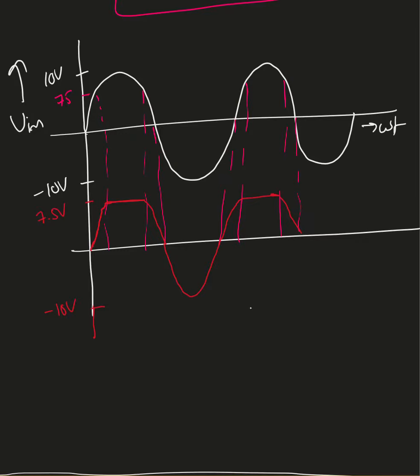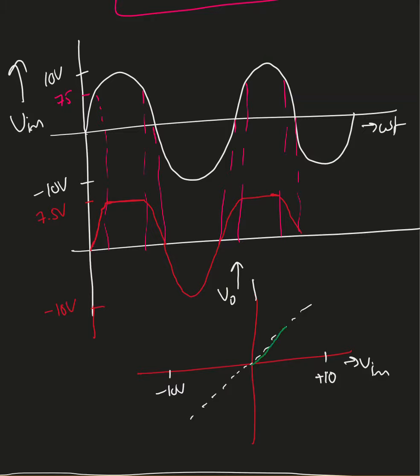Now I'm going to draw the transfer characteristics. Here is my input, varying from positive 10 to minus 10. Here is my input voltage, and the y-axis indicates the V output. My V output follows V input up to 7.5 volts.